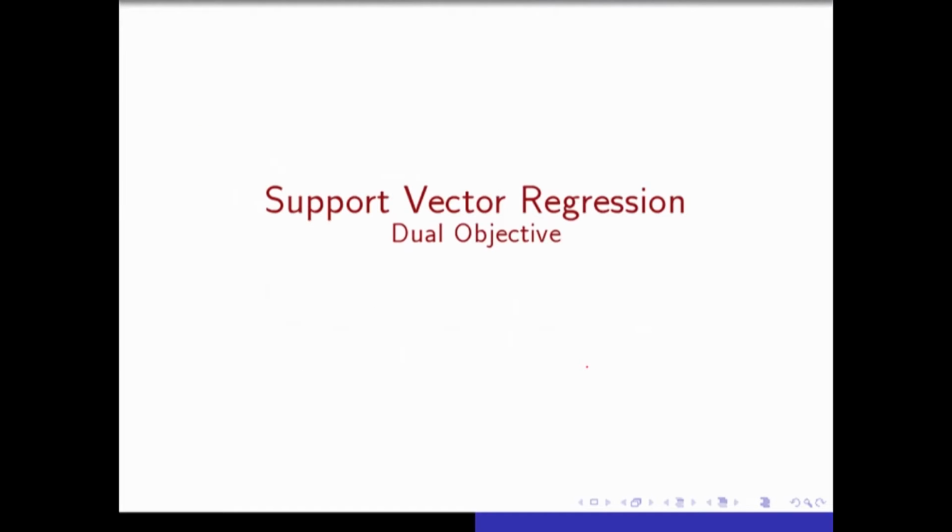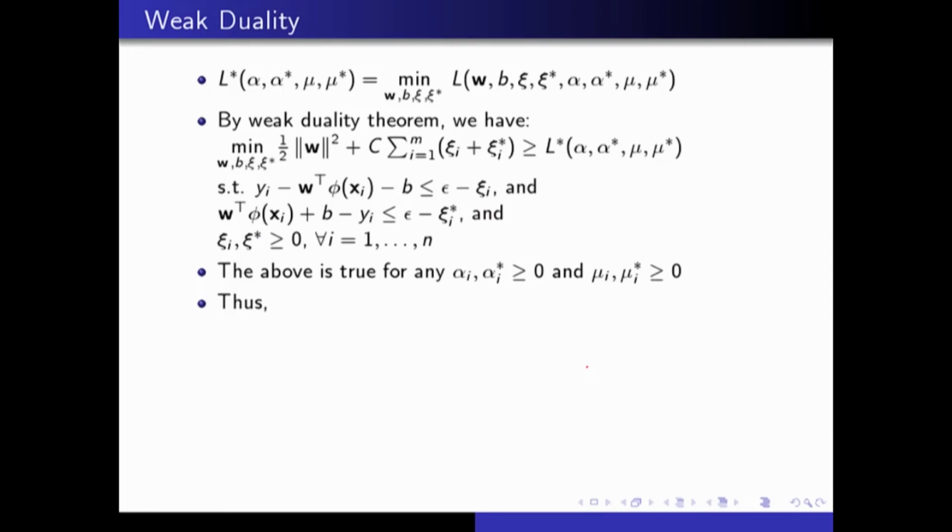Now we move on to the dual objective. We will revisit these conditions in the context of the dual. Invoking the weak duality result, we know that the dual optimization Lagrangian is basically the minimum over the primal variables of the Lagrange function.